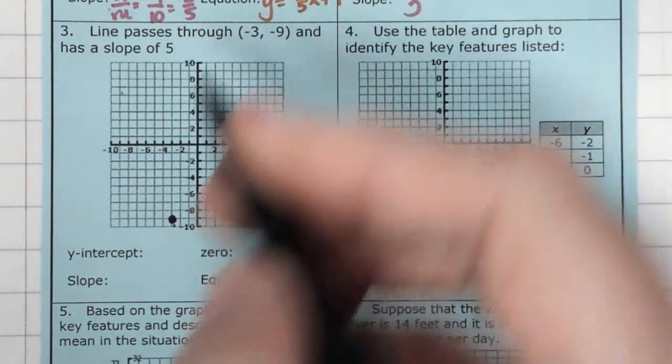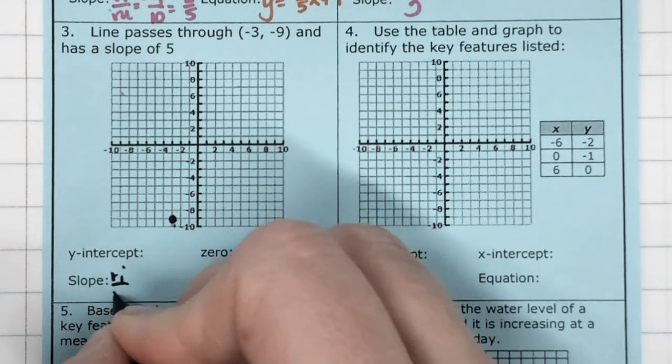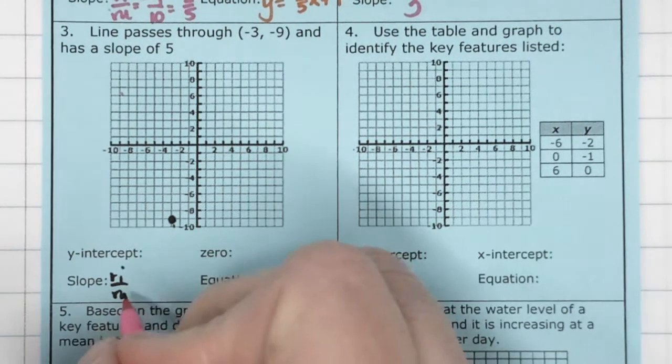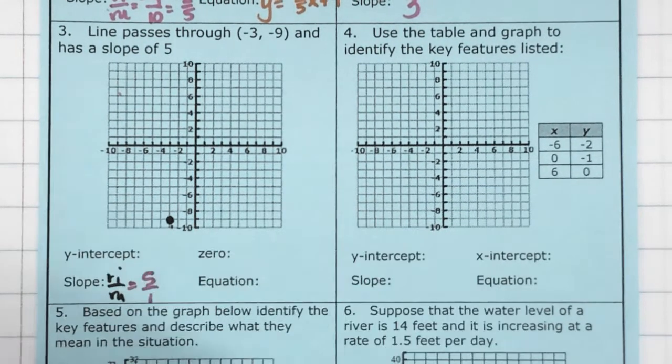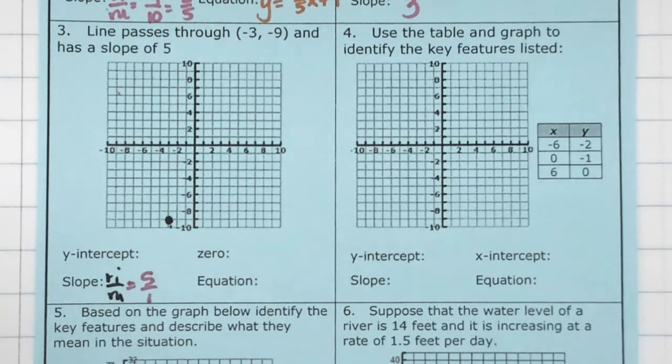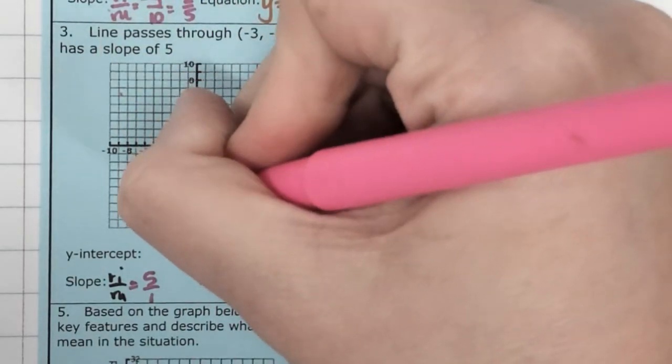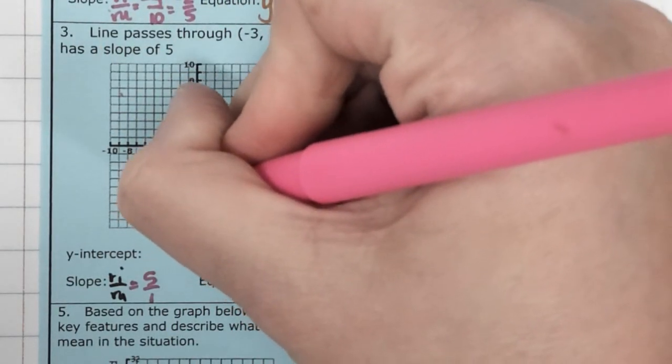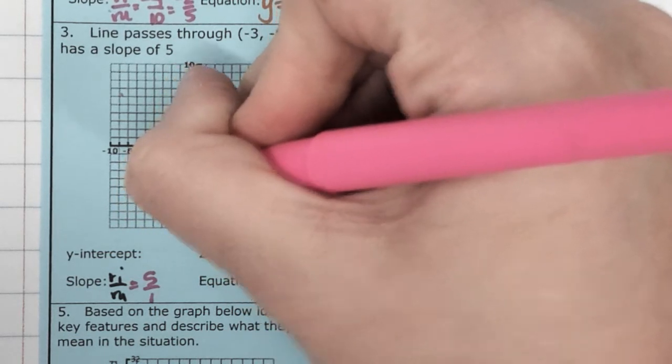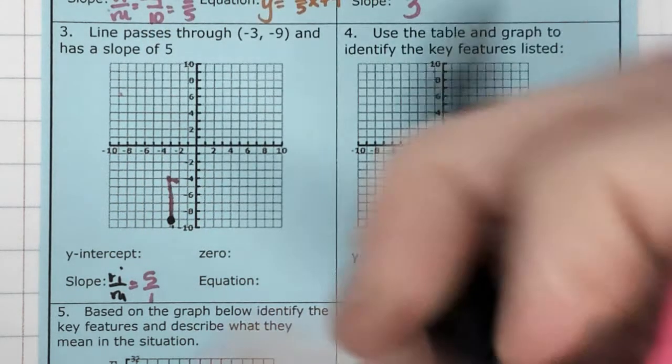And then I'm going to use this slope. Now, the slope is rise over run, which is 5 over 1. So I'm going to rise 5 and run 1, and then I'll put a dot there.